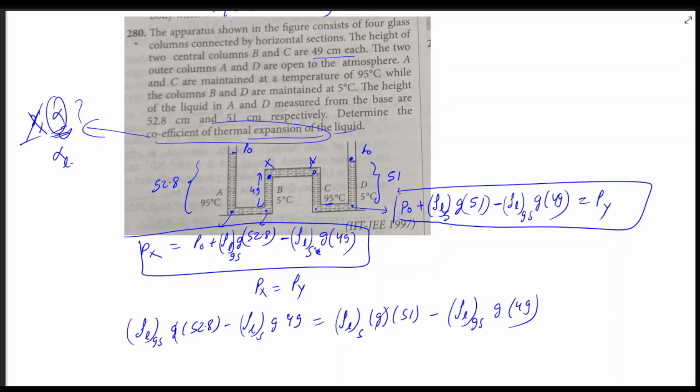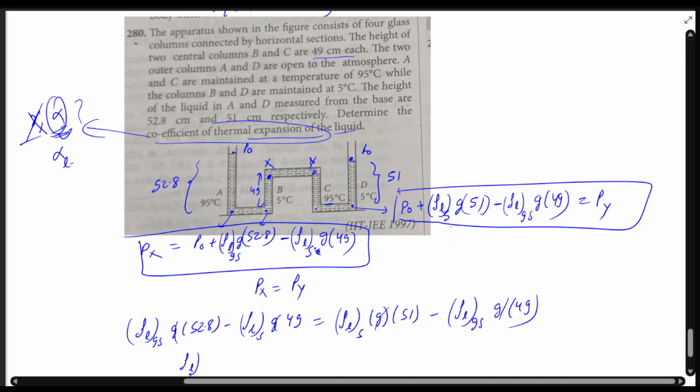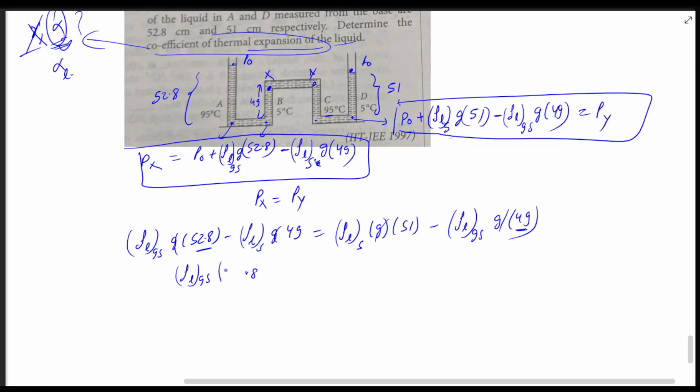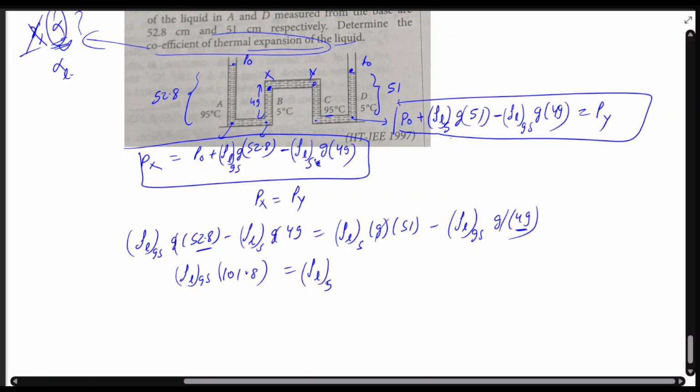G will get cancelled out, and the two rho of 95 terms will simply add up: rho of 95 into 52.8 plus 49. How much will it be? It will be 101.8, into rho of liquid at 5 degrees Celsius into 51, which is simply 100.